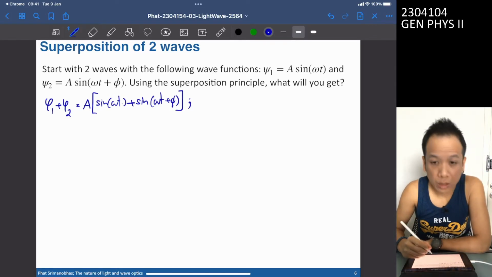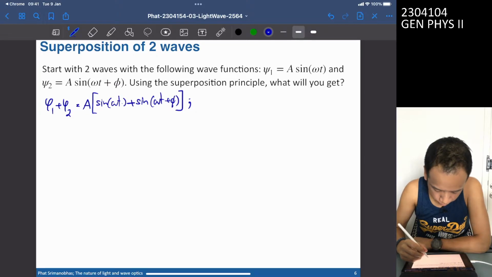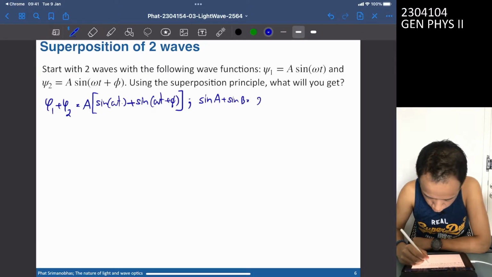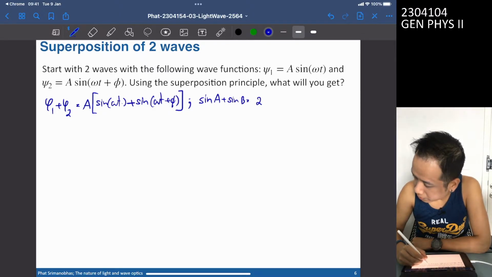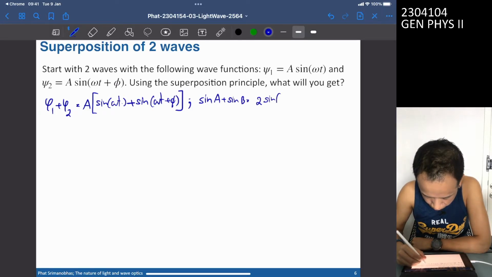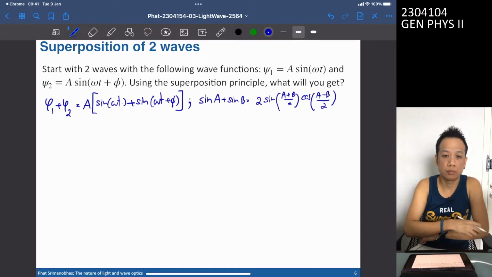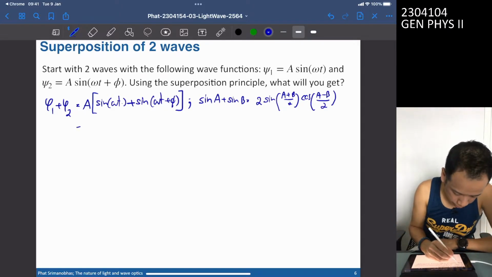And then what you learn from trigonometry is that sine A plus sine B equals 2 sine of (A plus B) over 2 times cosine of (A minus B) over 2. So you put it back.